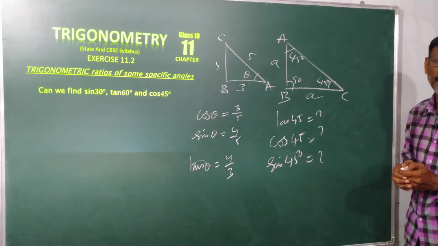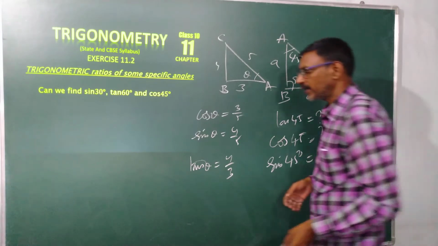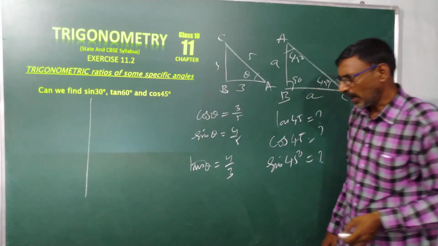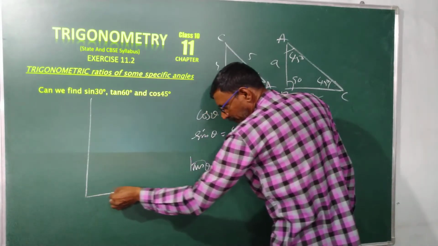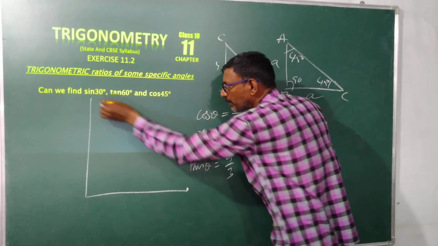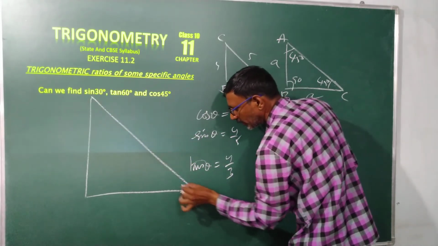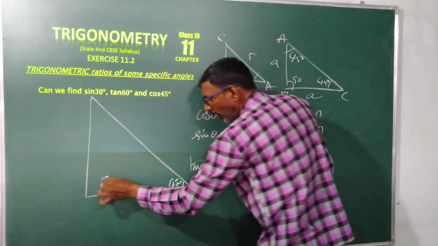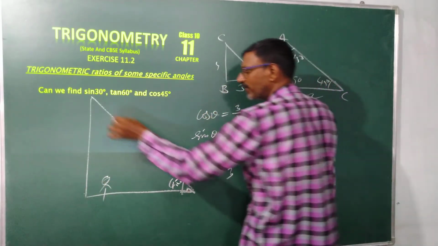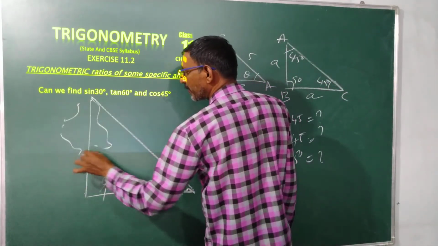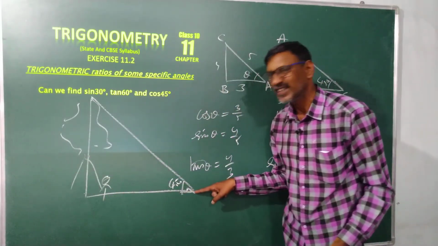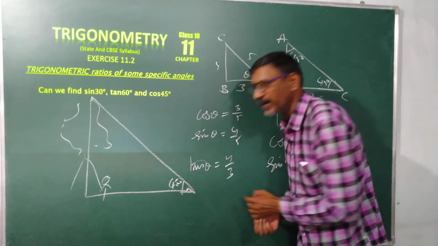Do you understand my point? This is my height, whatever it may be, 10 centimeters or 20 centimeters, I don't know. Suppose I walk away from this building, tree or whatever it may be, up to some distance to make 45 degrees.